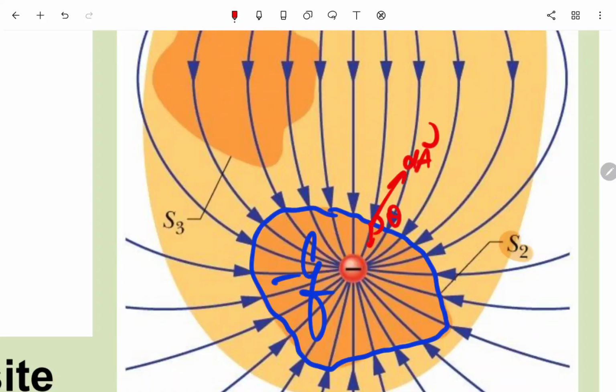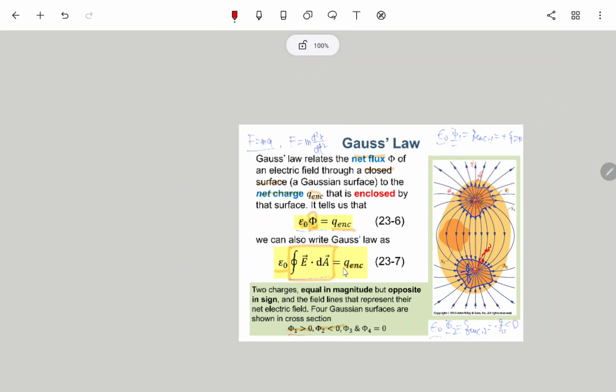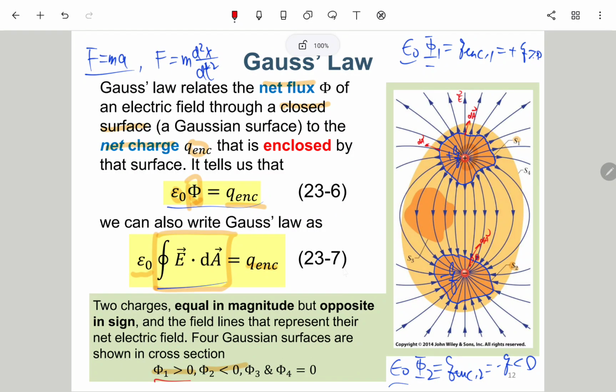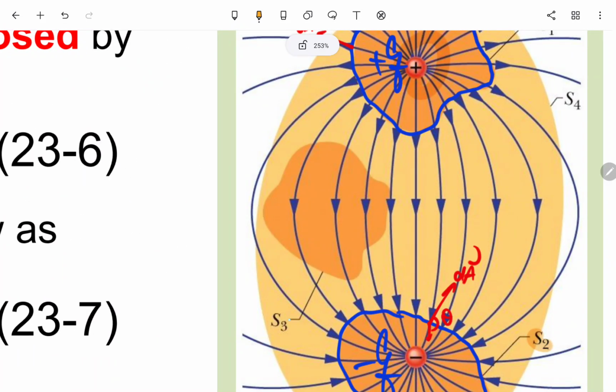All the d phi corresponding to S2 will be negative. It's like adding many negative numbers together, so it turns out phi 2 is negative. Okay, so for the third case, S3 is here.